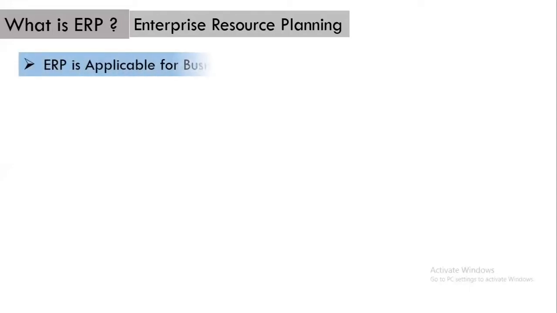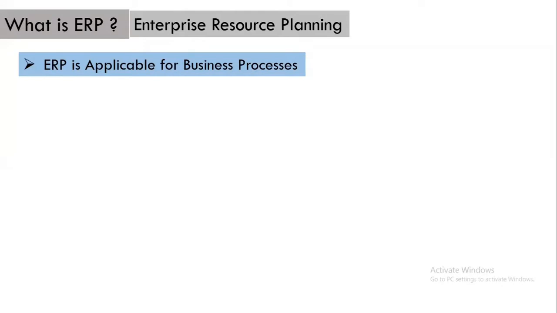We have three major resources. What are those resources? Material, manpower, as well as money. These are the three major resources in any industry, right?